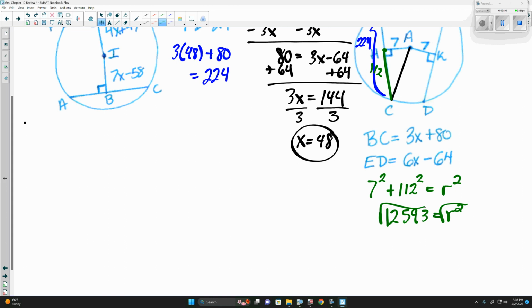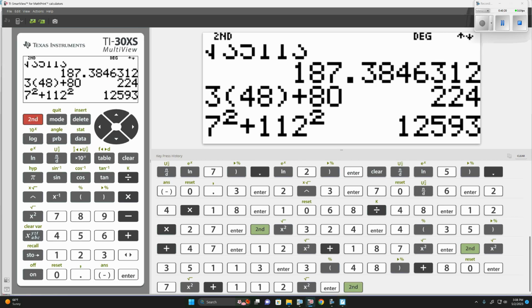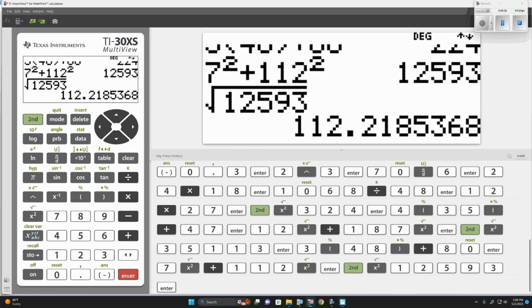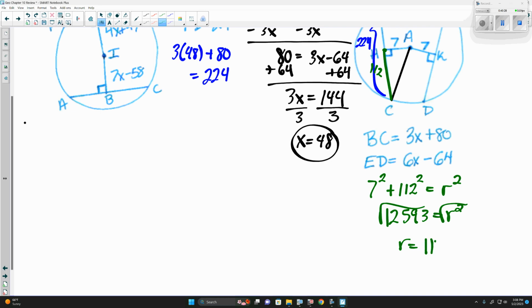We can square root both sides. The square root of 12,593 is 112.22. And that's the radius.